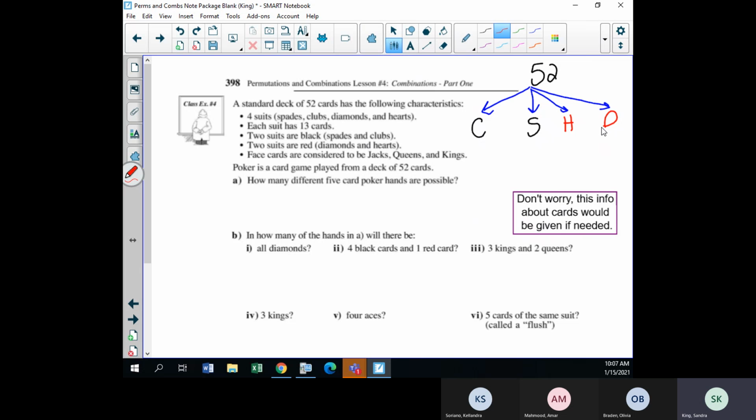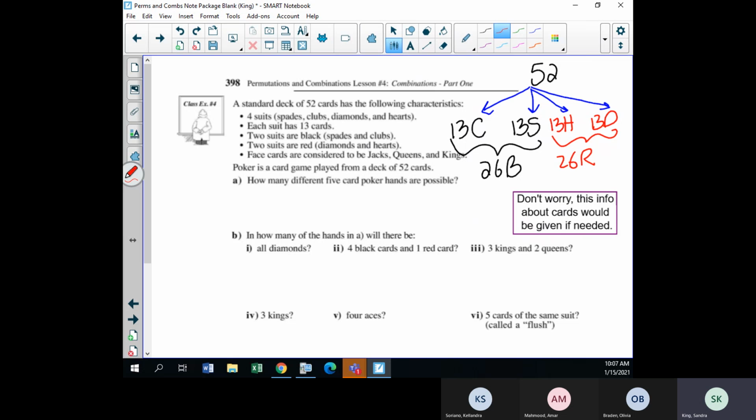Because it's an equal number, if you divide 52 by 4, you're going to get 13 cards that are clubs. They've got the club picture. 13 that are spades, because they have a little shovel. You're going to get 13 cards that are hearts and 13 cards that are diamonds. What that means is in your deck of cards, you're going to have 26 black cards. So half your deck is going to be black, and half your deck is going to be red.